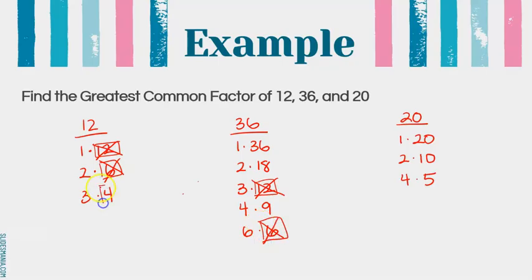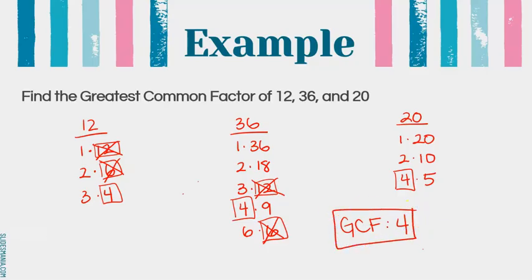If I look at 4, I have 4 in the 12 list, 4 in the 36 list, and 4 in the list with 20. So 4 is a common factor. Now, it's not the only common factor. They all have 2s, they all have 1s, but 4 happens to be the biggest common factor. So the GCF of 12, 36, and 20 is 4.